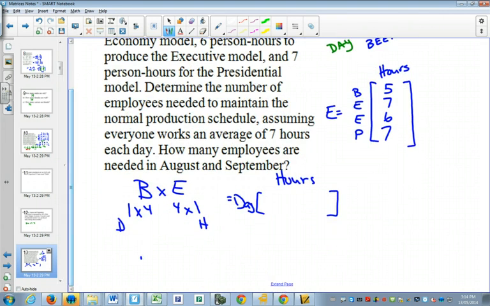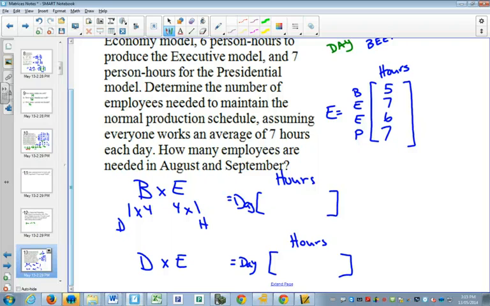And in September and November, you take the matrix D we had before and times it, and you'd figure out how many hours you need then.